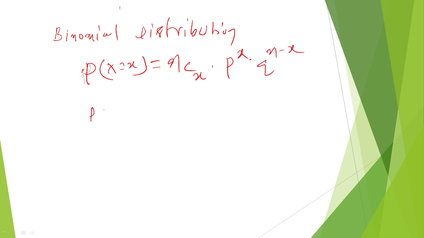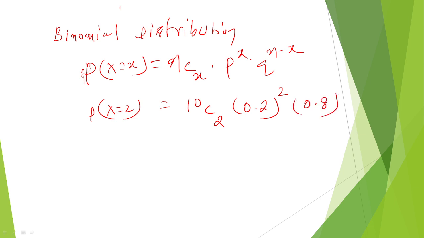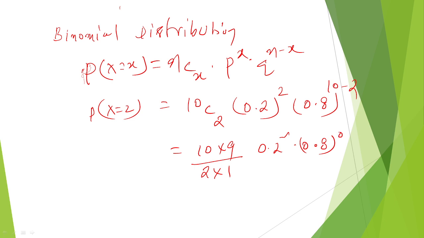Out of 10 bolts, 2 are defective. 10C2 into 0.2 whole power 2, q value 0.8 whole power 10 minus 2. 10C2 we can write as 10 into 9 by 2 into 1. Then 0.2 square into 0.8 whole power 8.